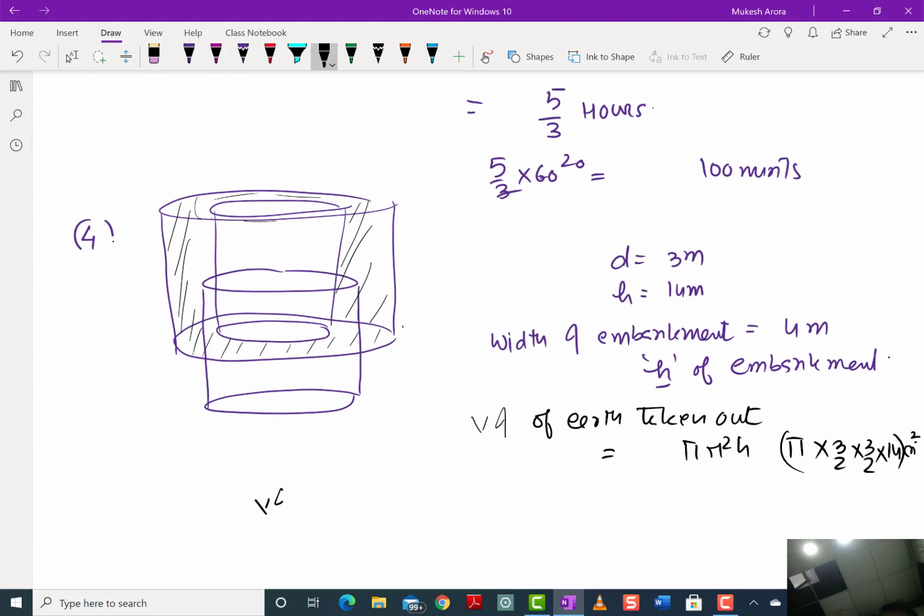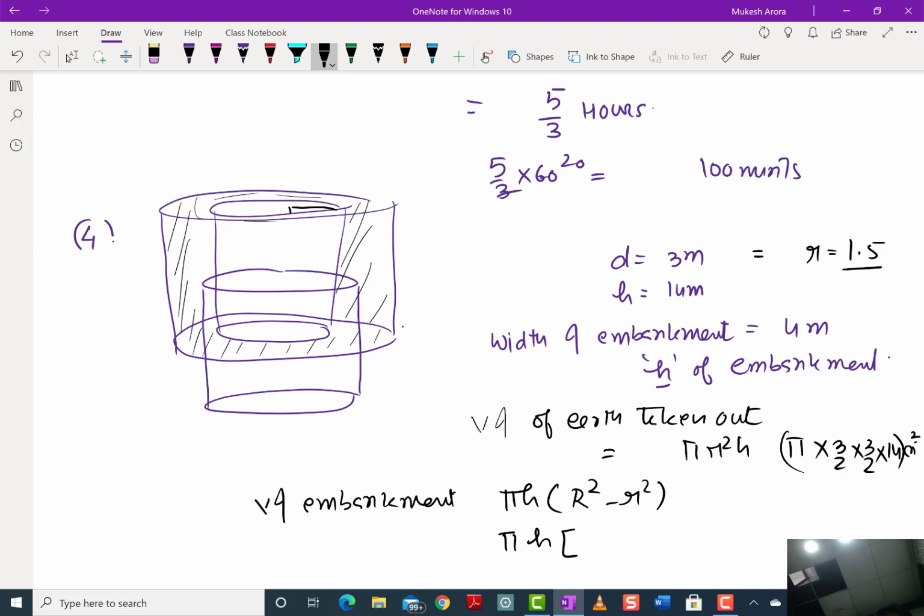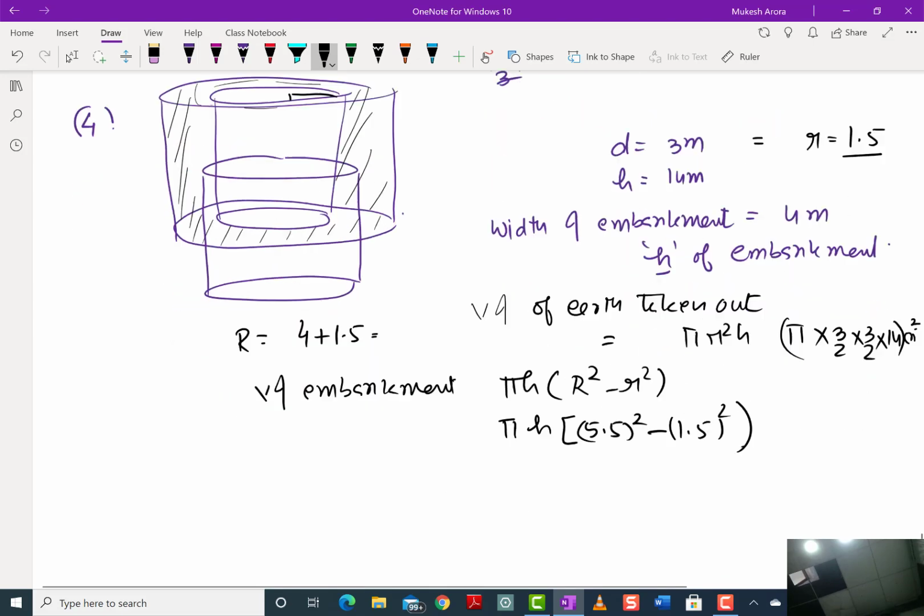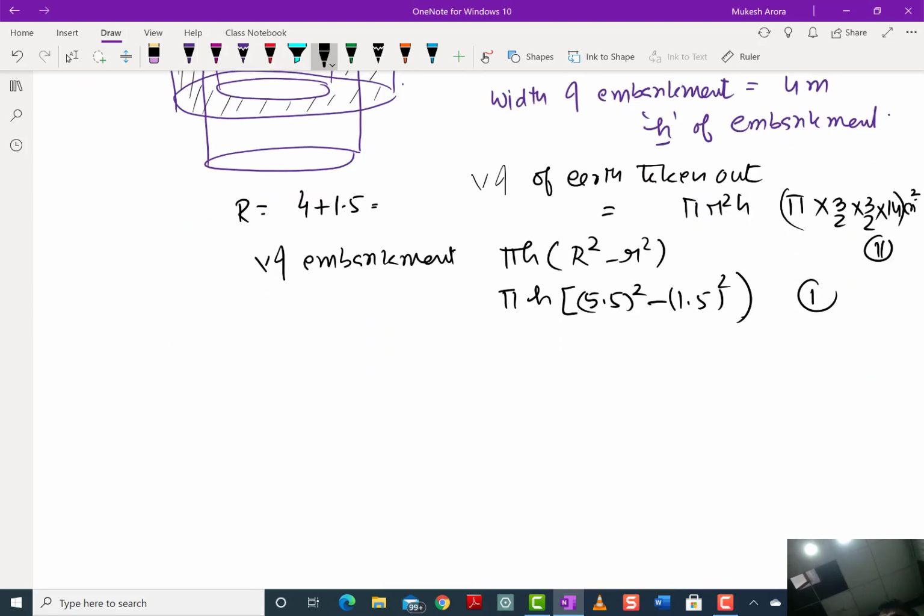Now volume of embankment is pi h into R square minus r square. Internal radius is 1.5, so capital R will be 4 plus 1.5 is 5.5, so it will be 5.5 square minus small r 1.5 square.